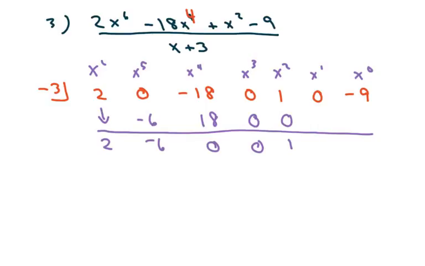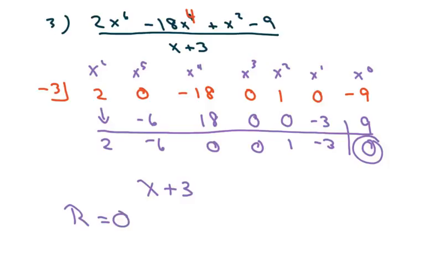Then we get negative 3, 9, whoops, I'm going too fast. Negative 3, 9, and when you add these, you get 0. Therefore, x plus 3 is a factor because the remainder is 0. It is a factor of our polynomial.